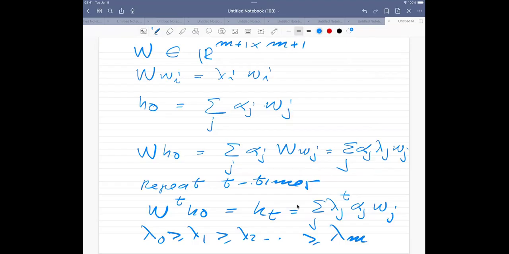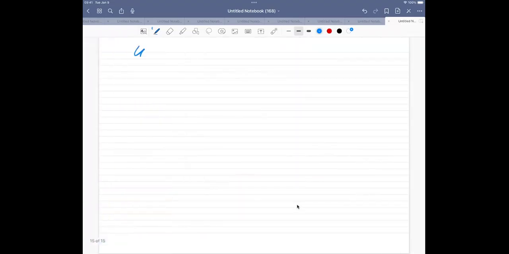That means that in the limit where t goes to infinity, when t becomes large, then this H of t is approximately approaching lambda 0 to the power of t times alpha 0 times W0.